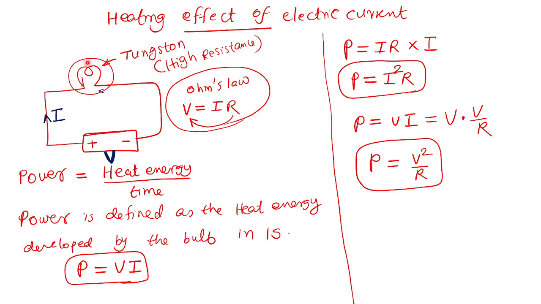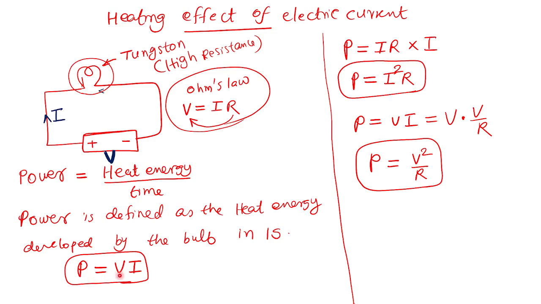I am talking about a connecting bulb or an electric heater, something like that. Power of the bulb or heater is the heat energy developed in 1 second. The more power means the more heat energy is developed. So power is heat energy developed in 1 second time.